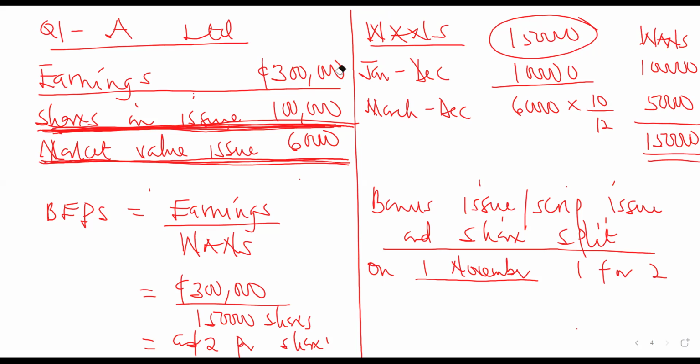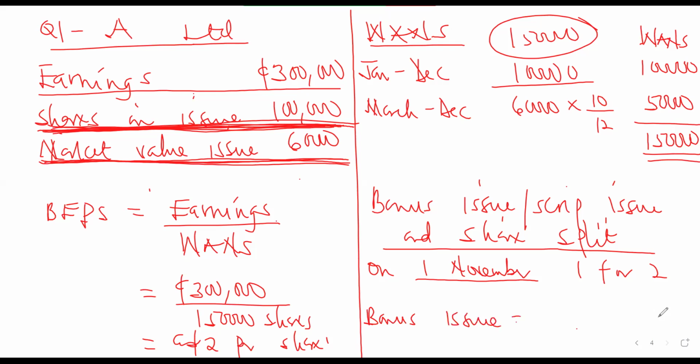But mostly what you'll be seeing is people talking about the bonus issue fraction. Okay. Let's calculate the bonus issue on the 100,000. What will be the shares that will be the bonus issue? 50,000.